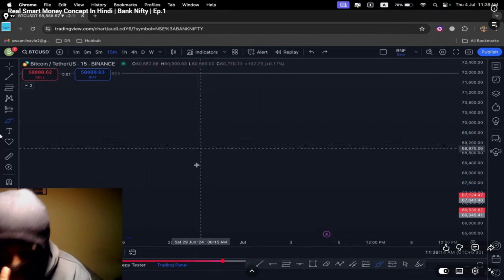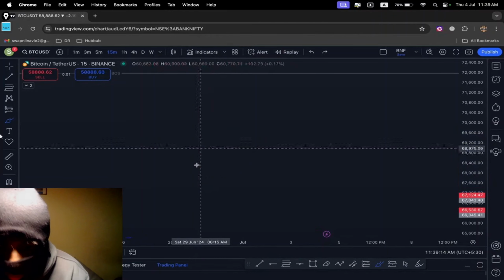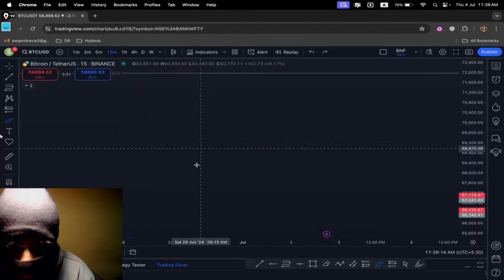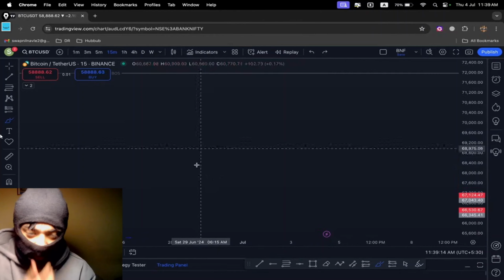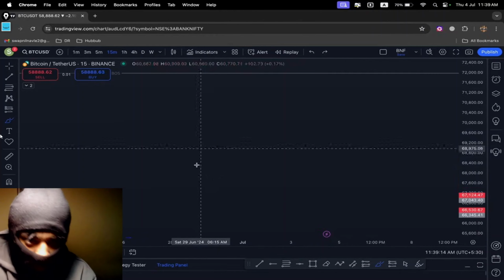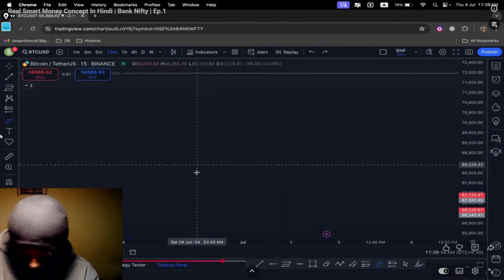So he's basically saying that big players, before they put money in, they plan out very well, and they position themselves in a good place. But what do the retail traders do? They enter wherever or in whichever trade that they think they're gonna win money, and they get wrecked by the market.